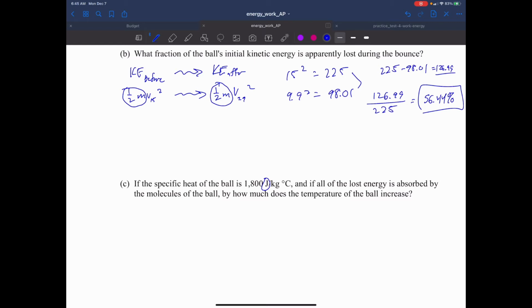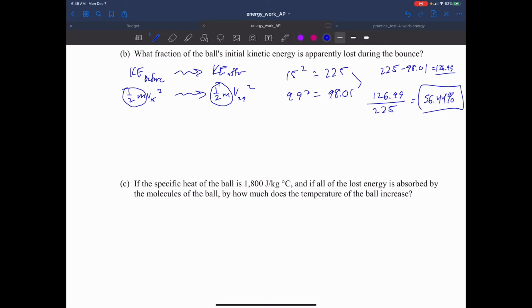So you may sometimes have to rely on other knowledge or other information sets when you take an AP test for physics. Even if you haven't taken chemistry, which I'm assuming you all have, you should be able to look at this term and try to make sense of what the question is asking. Let's pretend you have no chemistry knowledge. I'll teach this as if you have none. The specific heat of the ball.